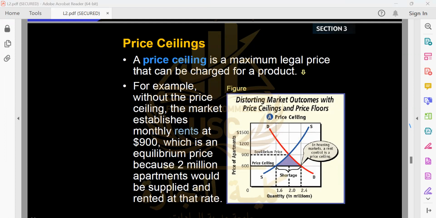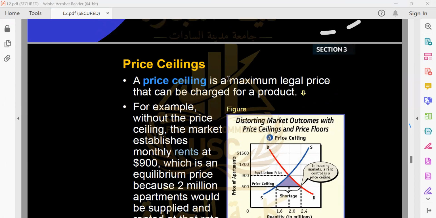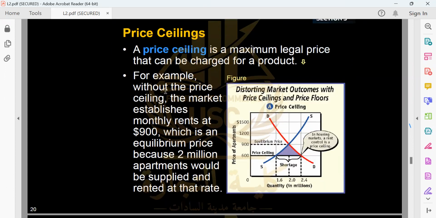So in order to protect the consumer, we put a maximum legal price. Without the price ceiling, without putting a maximum legal price, the market establishes monthly rents at 900.